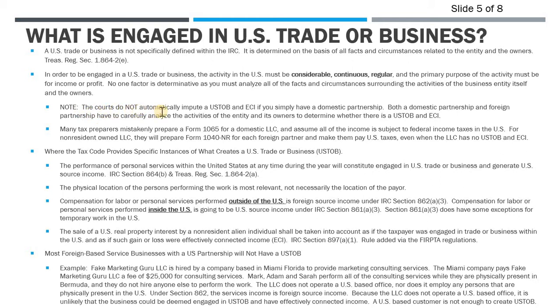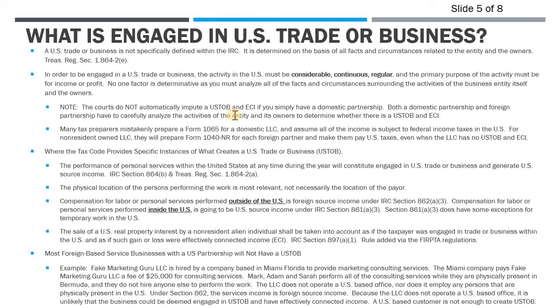So this note here is really, really important, because this is what I see done wrong all the time. The courts will not automatically impute a USTOB and ECI if you simply have a domestic partnership, right? So if you have a US LLC that's taxed as a partnership and it has non-resident owners, just because you have a U.S. partnership does not mean you have a U.S. trade or business. And so I see all too often where tax preparers will prepare a 1065 for a U.S. LLC, and then they just assume it's a U.S. trade or business.